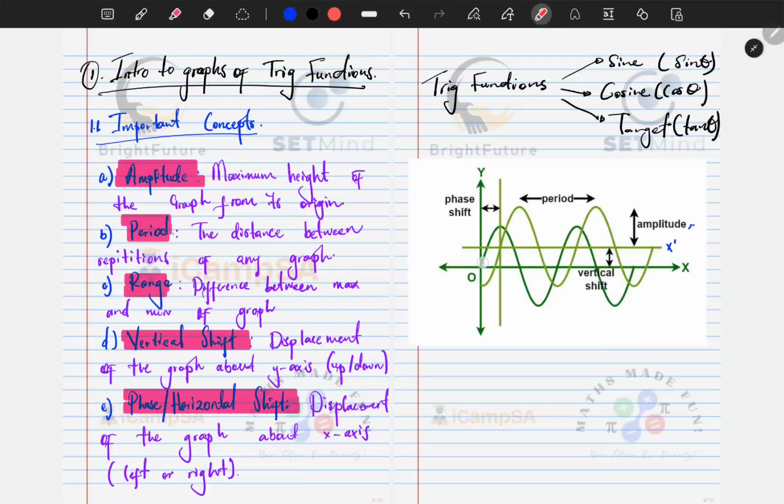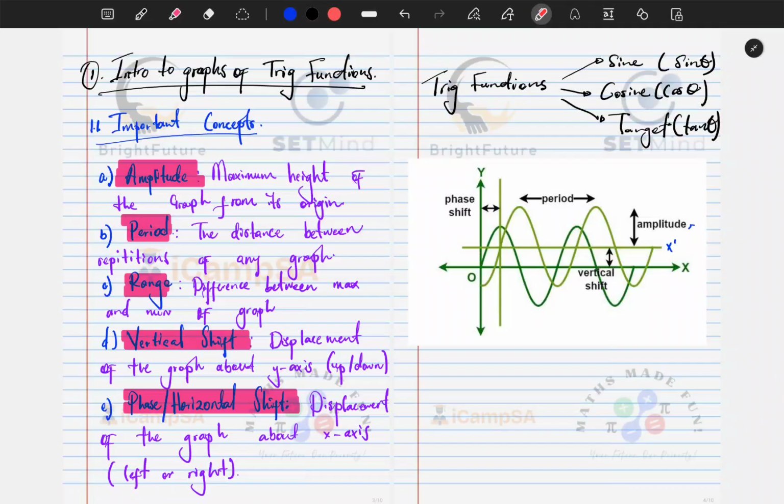So you had the dark green graph, but you also have your light gray graph, which has also shifted horizontally to the right, and it has also shifted vertically up.